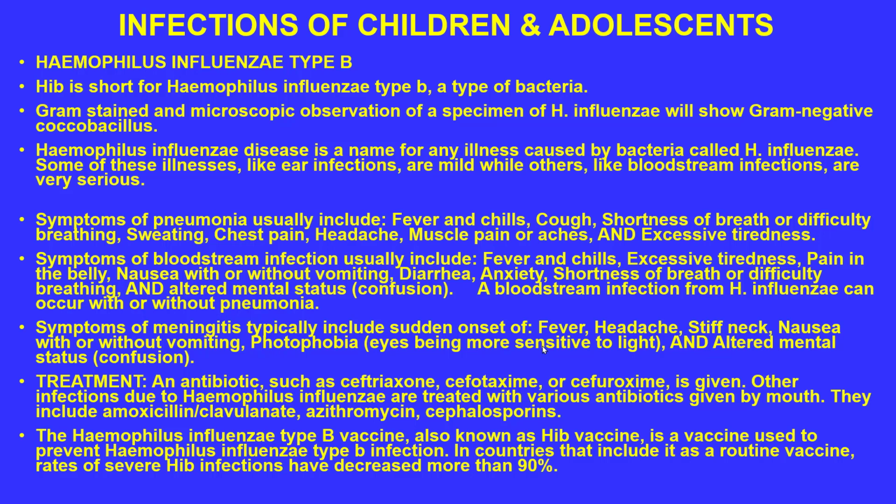Now, symptoms of bloodstream infections, this is where it gets a little bit more serious. Usually you're going to see fever and chills and excessive tiredness, pain in the belly, nausea with or without vomiting, diarrhea, anxiety, shortness of breath or difficulty breathing, and an altered mental state, in other words, a sense of confusion. A bloodstream infection from H. influenzae can occur with or without pneumonia.